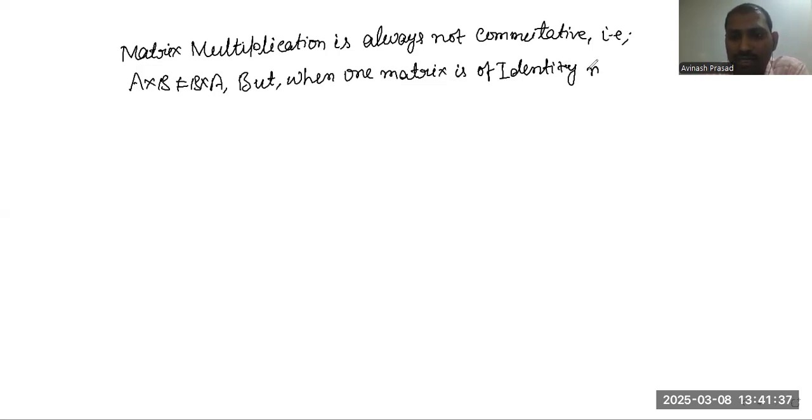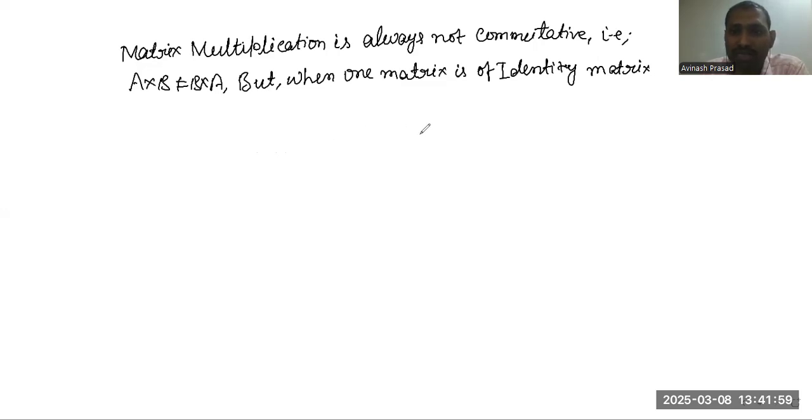Identity matrices are those matrices which have only diagonal elements, all diagonal elements are equal to 1, and all other elements except the diagonal elements are equal to 0.